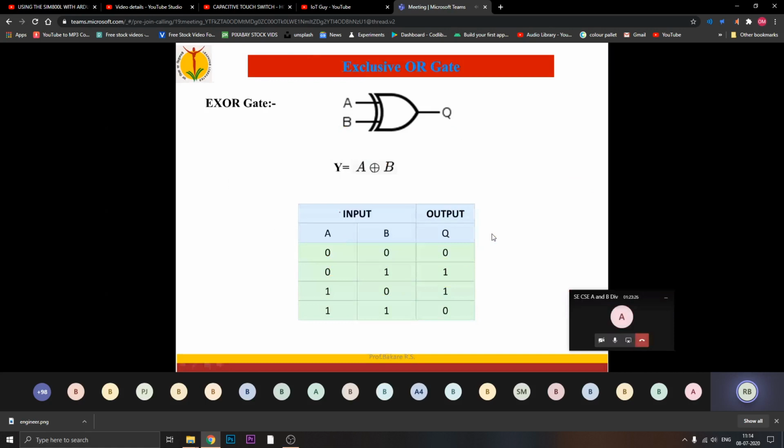Okay. Now see, this is the logic equation for XOR gate.